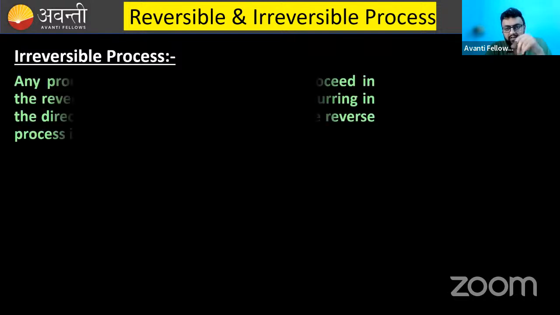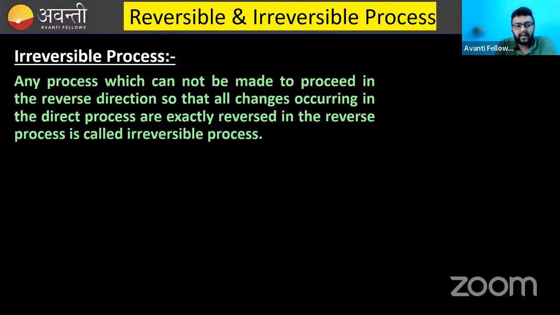I think you can see the definition. Any process which cannot be made to proceed in the reverse direction, that means the process which cannot repeat its path on the PV curve, is known as an irreversible process. I think it is clear.